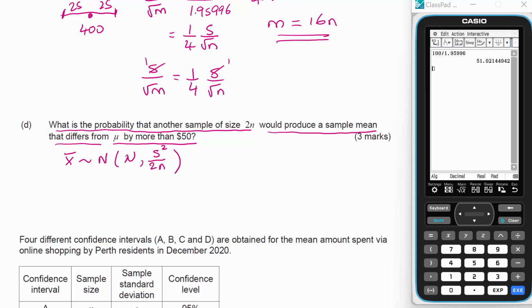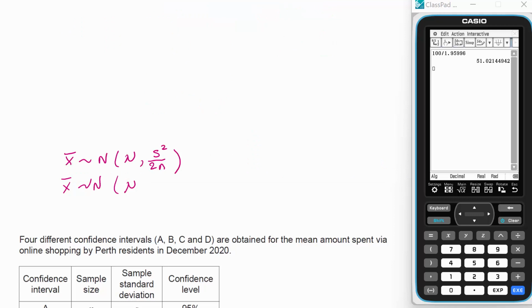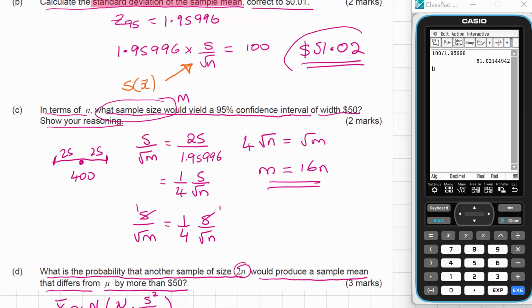That's for this new sample because remember we've got sample size 2n. Now we know that s over root n was 51.02.